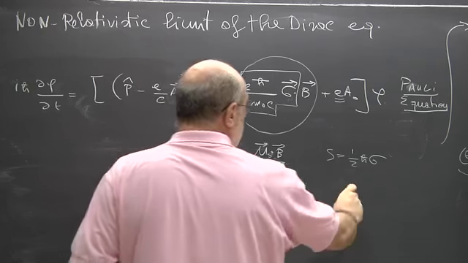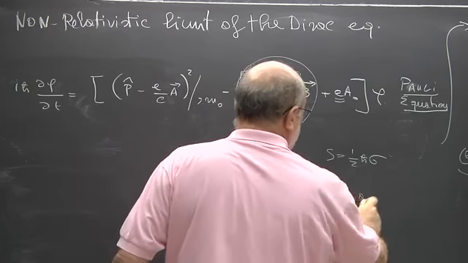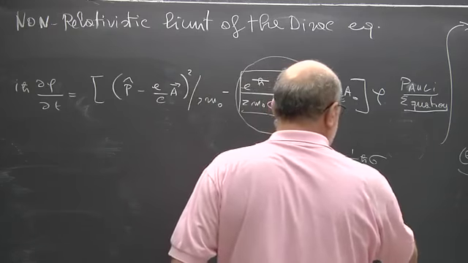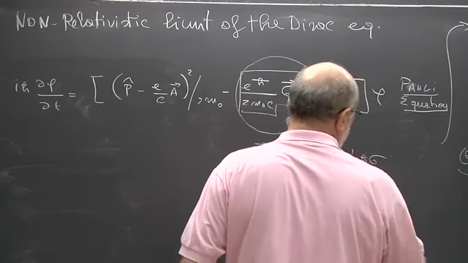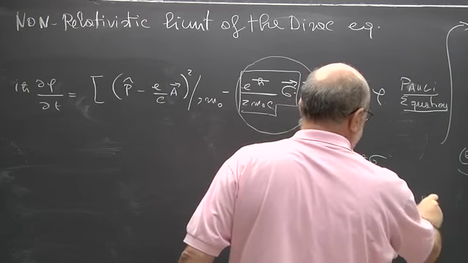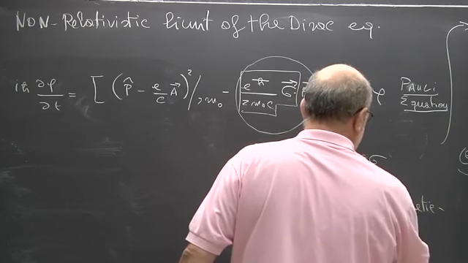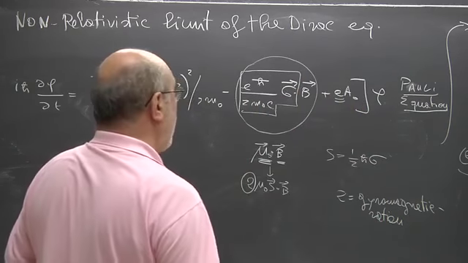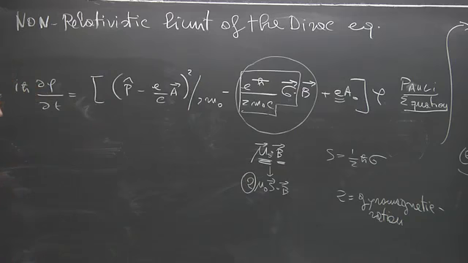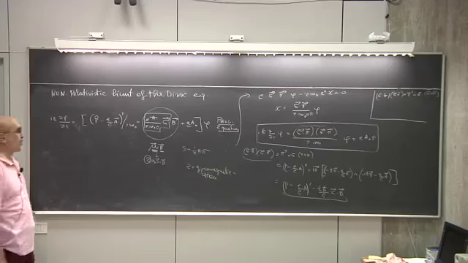This 2 is called the gyromagnetic ratio. And nobody understood why it was 2. They called it anomalous and so on and so forth. For the spin, it was this 2.